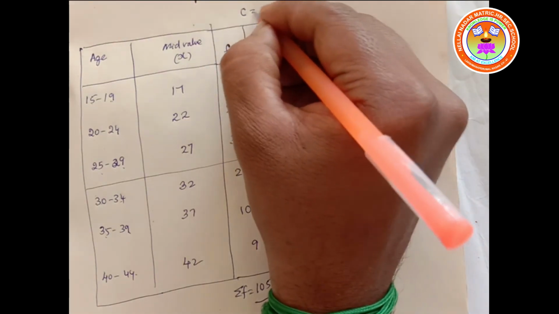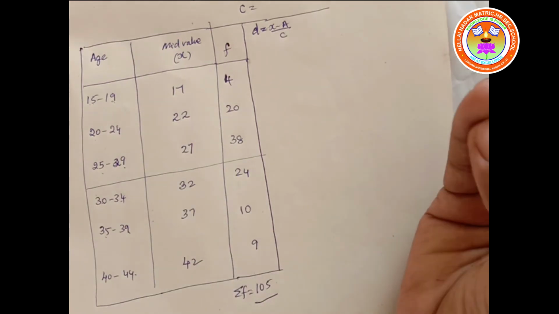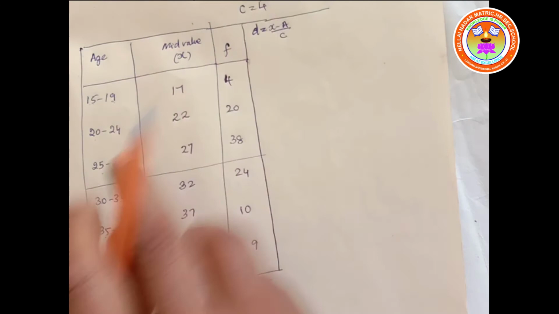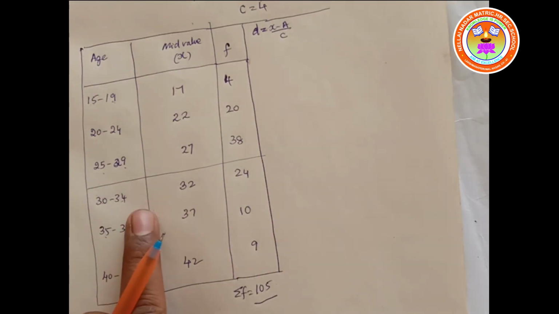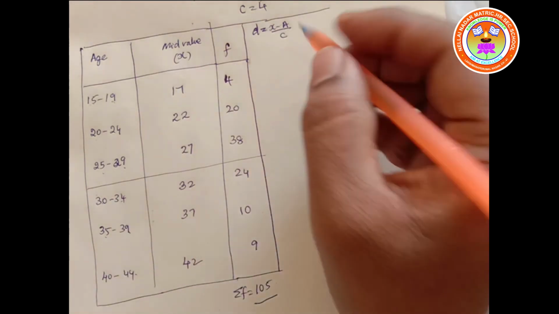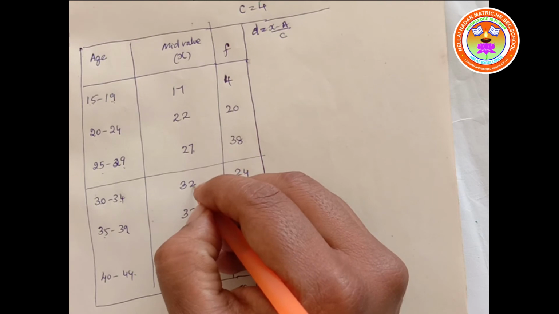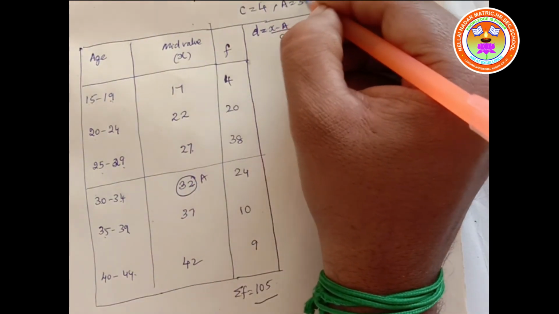C is the class interval, that is 15 to 19, 16, 17, 18, 19, totally 4, children. 20 to 24 is 4, 25 to 29 is 4, 30 to 34, that interval is 4, and a is equal to either 27 or 32, you can select, children. So you can take a as 32, so a is equal to 32.